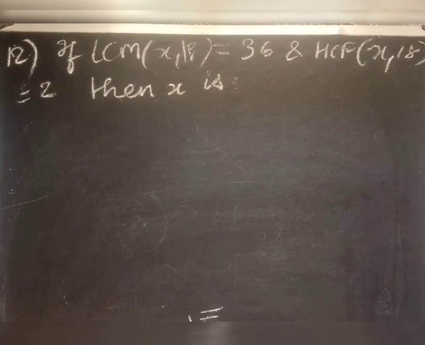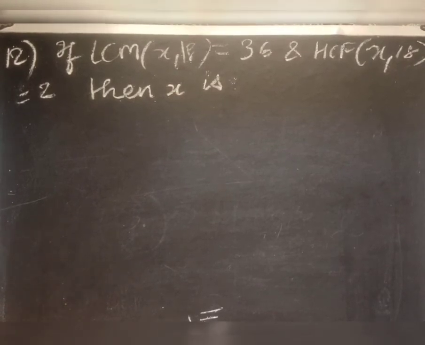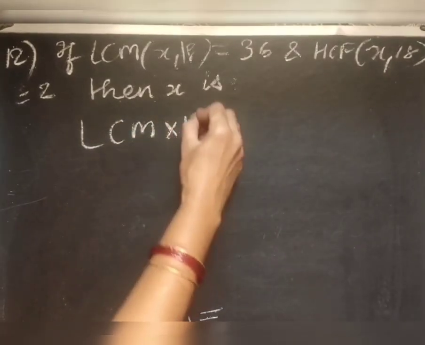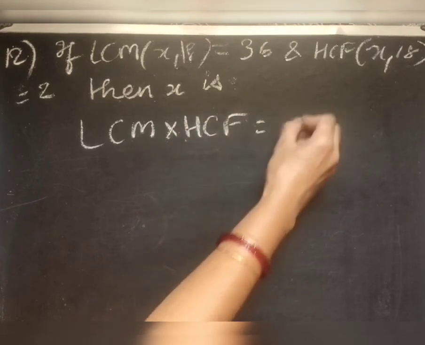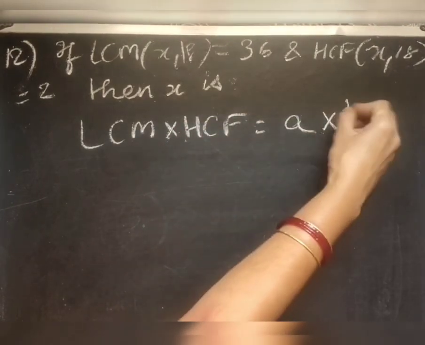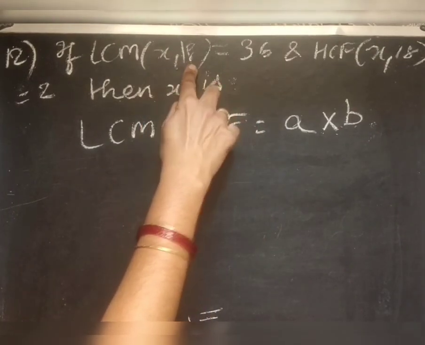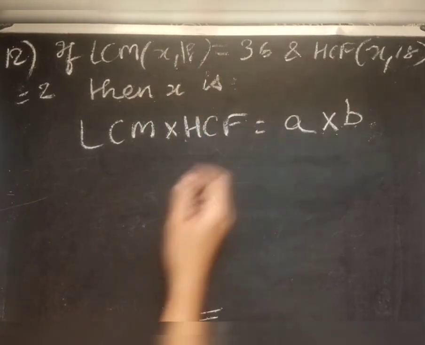The 12th sum is: if the LCM of x comma 18 is 36 and the HCF of x comma 18 is 2, then x is. We know the formula that LCM into HCF of two numbers is nothing but the product of the two numbers. Here the two numbers are x and 18, and the LCM and HCF are given.